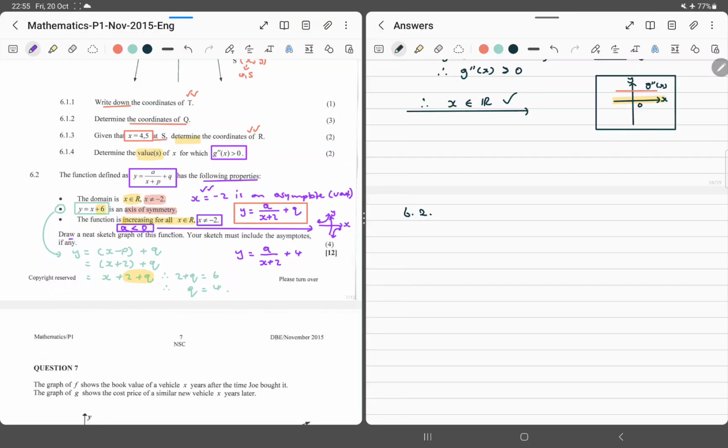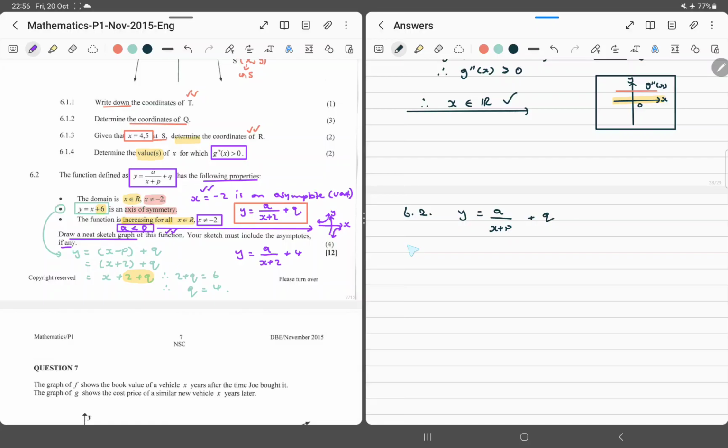So it says now sketch a neat graph of this function. Your sketch must include the asymptotes, if any. Can you see they are pretending as if you won't find them? They know they've given them to you indirectly, so you have to work them out. Okay, so let's start here. We were given y is equal to a over x plus p, plus q.